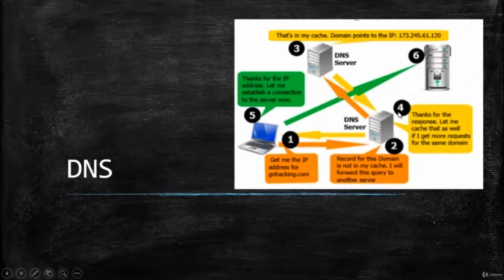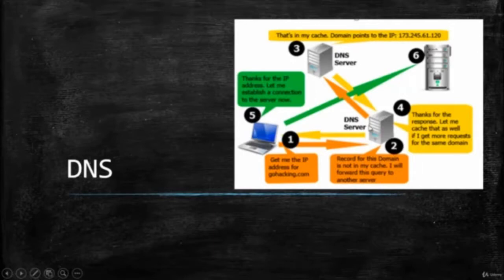So this server sends the query to the upper level, the top level domain for the gohacking.com website. You can see step number 3. Yes, that's in my case, and the domain points to the IP 173.245.61.120 and returns the query.